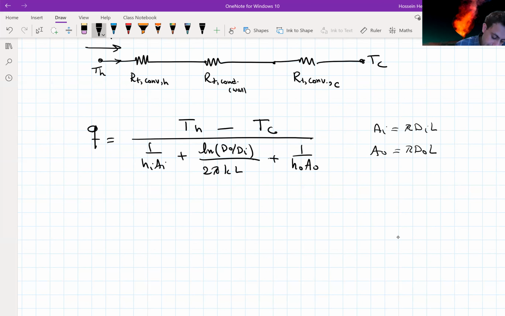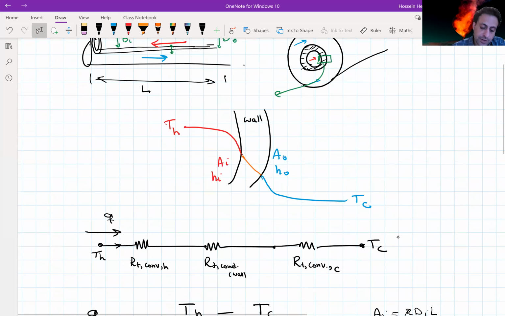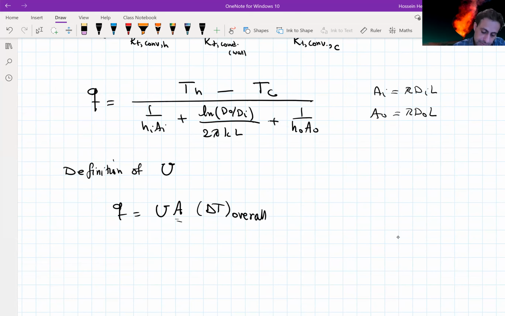Okay. Now, remember the definition of the overall heat transfer coefficient U that we had. Q was U A delta T overall. The A could be evaluated at either side of the pipe because the inner surface and outer surface are different. So by comparing these two, UA is going to be 1 over this property.